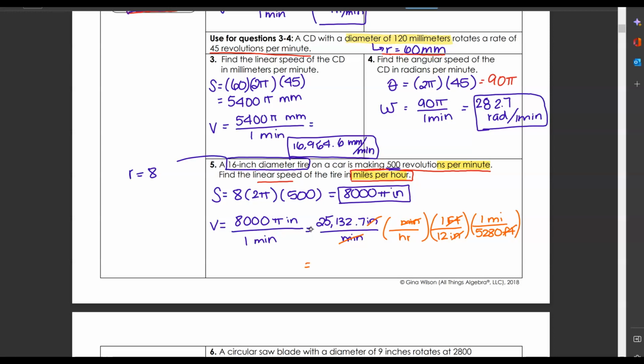With the multiplication, I should end up with the correct units: I have hours on the bottom and miles on the top, and everything else is canceled out. Let's do this multiplication, and we end up with 23.8 miles per hour.